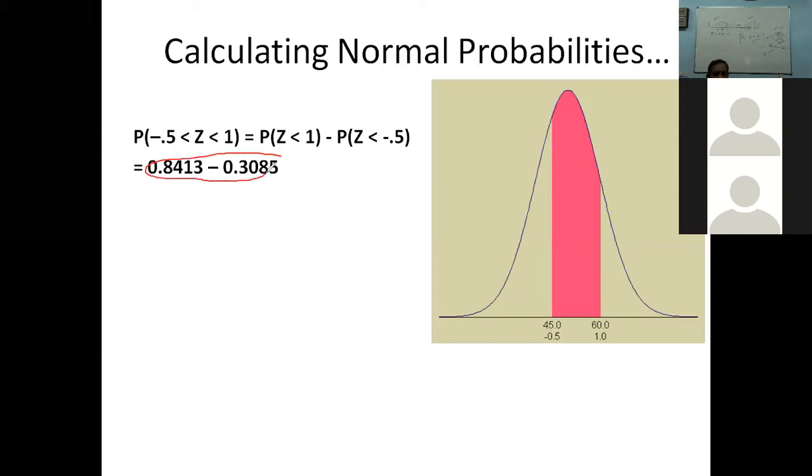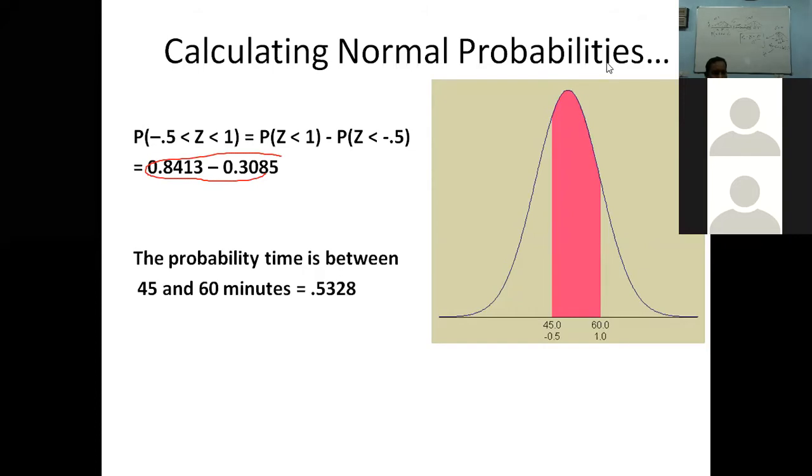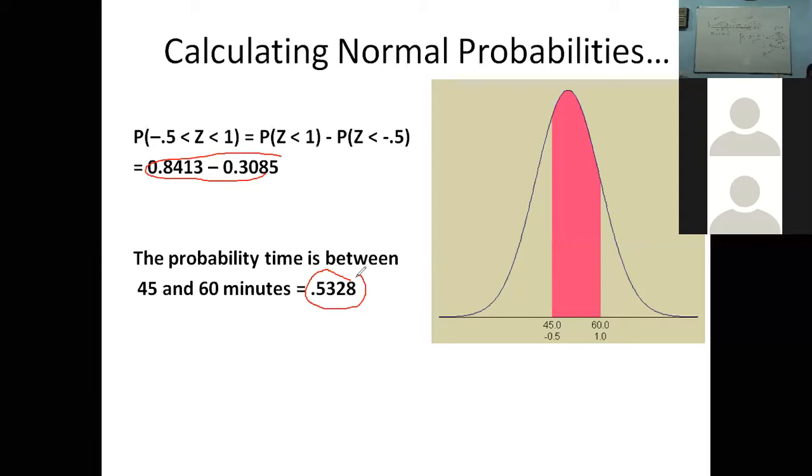What is the final answer? P is 0.5328. So what can you say about our probability? Relating it to the question, it is the probability that the time taken to build a computer is between 45 and 60 minutes. So that probability is 0.5328.